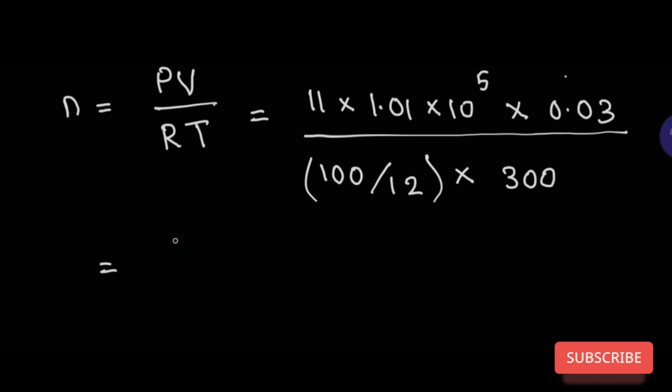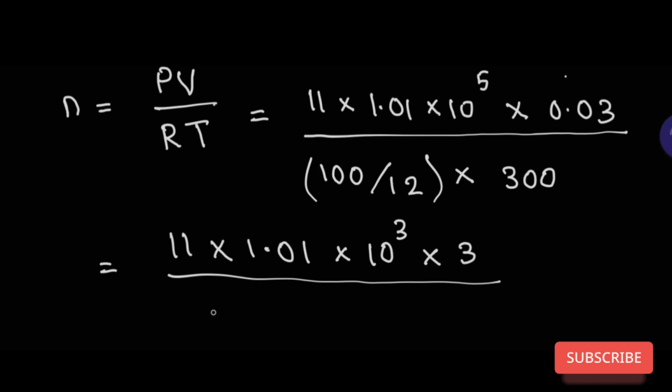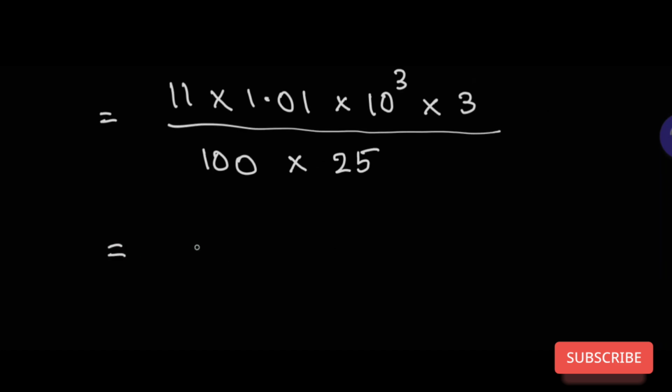So on simplifying, we get 11 into 1.01 × 10 raised to 3 divided by 125, which gives n is equal to 13.33 mole.